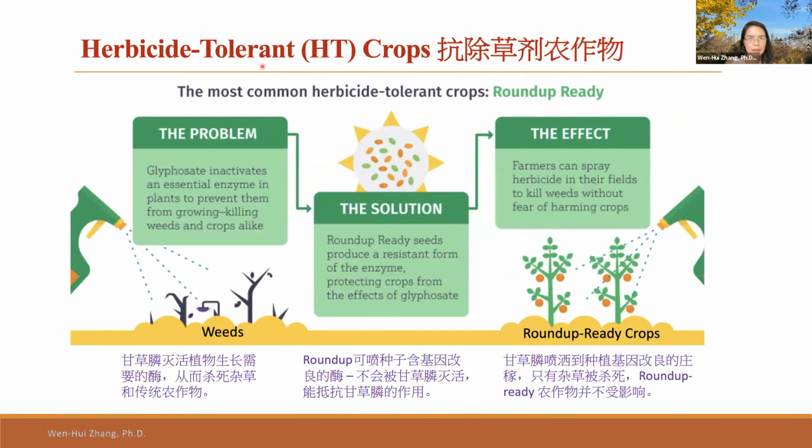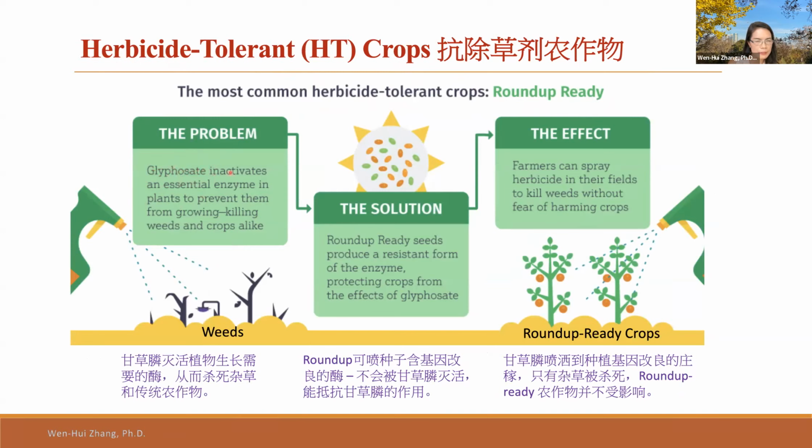And herbicide tolerant crops: the most common herbicide tolerant crops are Roundup Ready. Roundup has this ingredient, glyphosate.